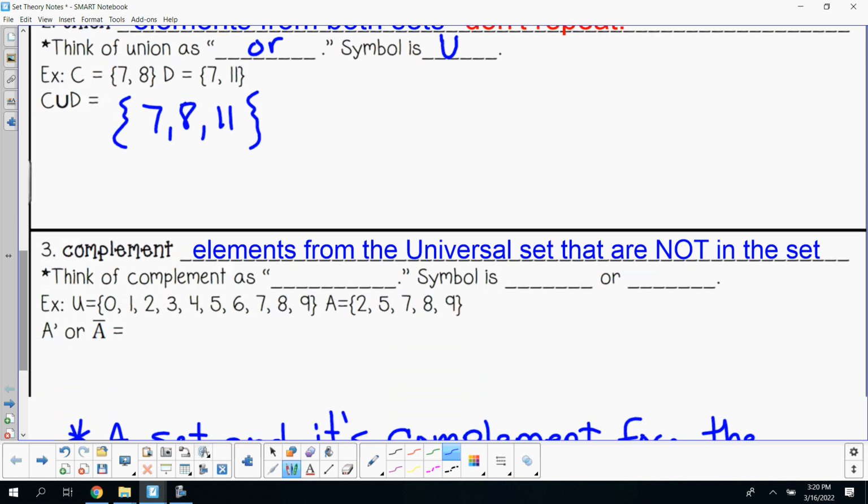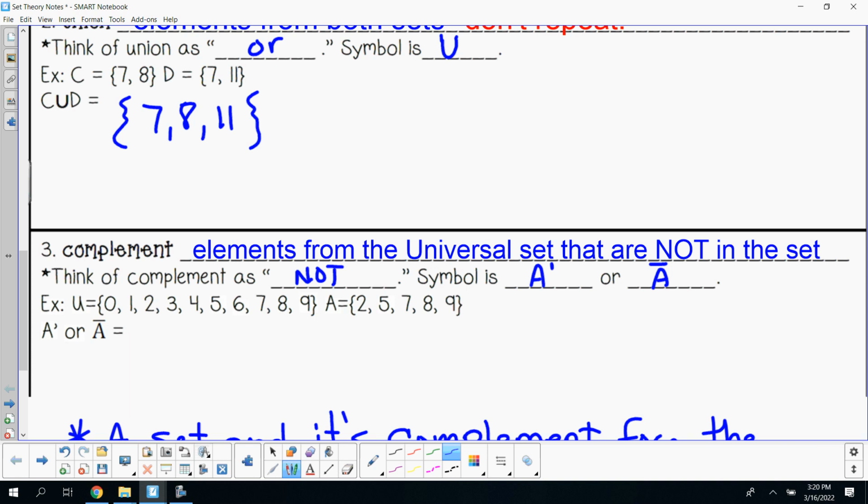All right, the complement of a set is when you have elements from the universal set that are not in the given set. So think of the complement as NOT. And its symbol is A with a hash mark there, or A with a line above it.